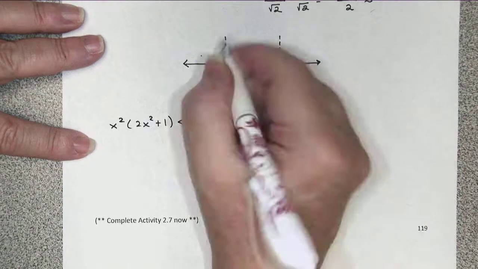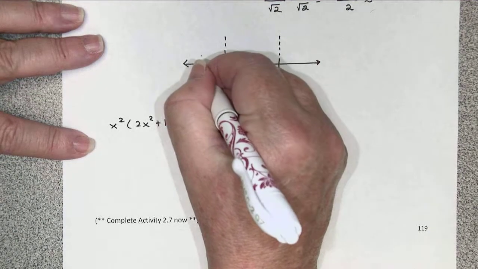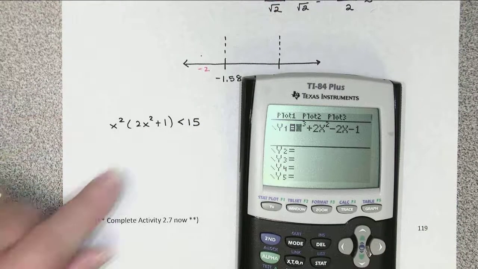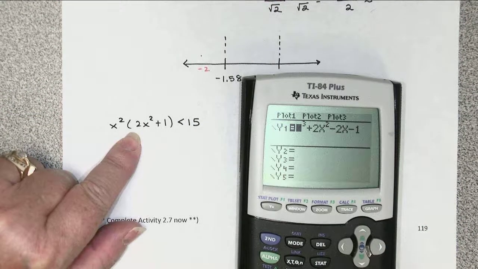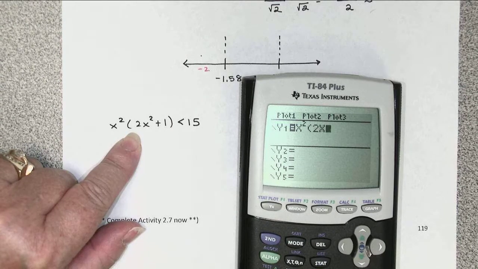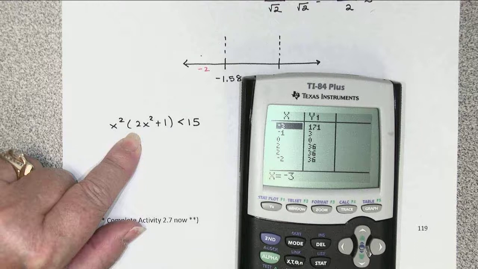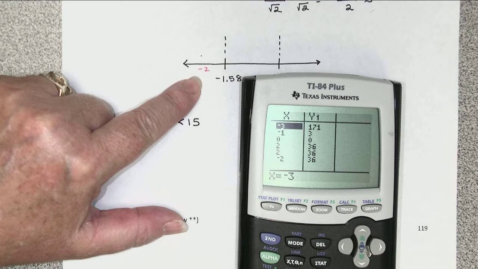All right, so let's test negative 2 first. I'm going to put this left-hand side into my calculator as y1. And then I can go into the table, and my first point that I want to try is negative 2.